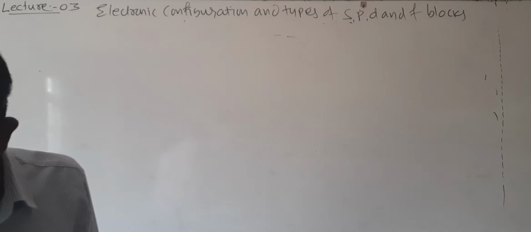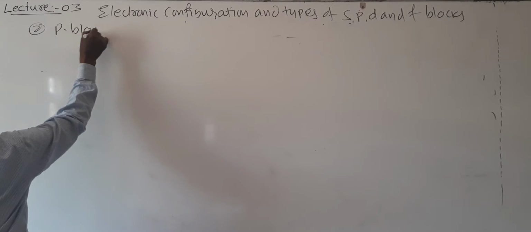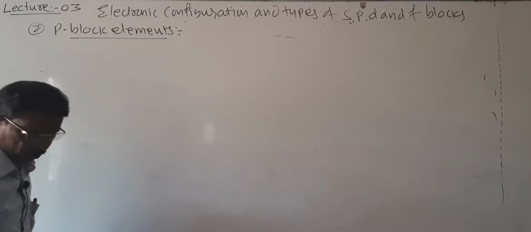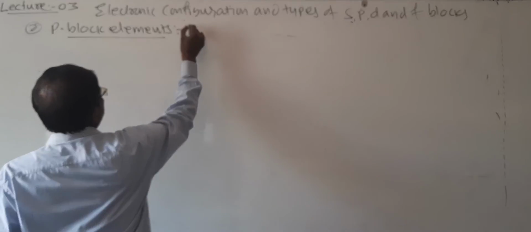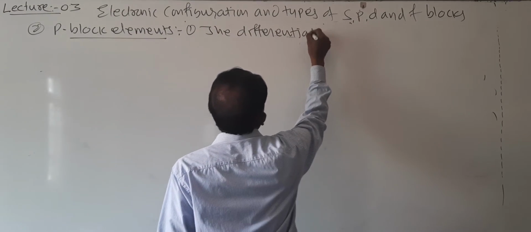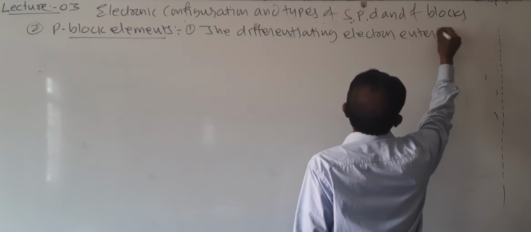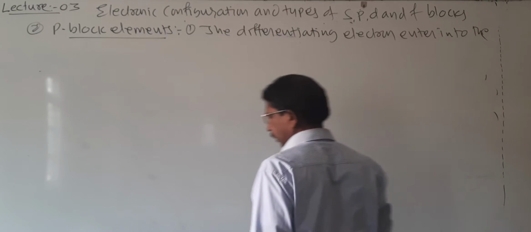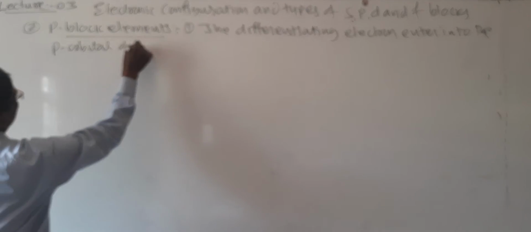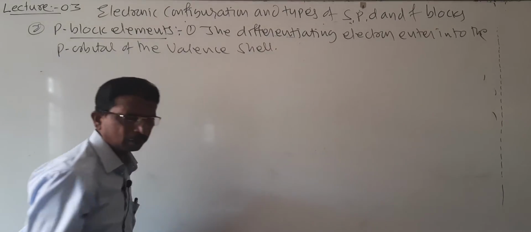Then students, next one is second one. P block elements. Remember, the differentiating electron enters into the p orbital of the valence shell.